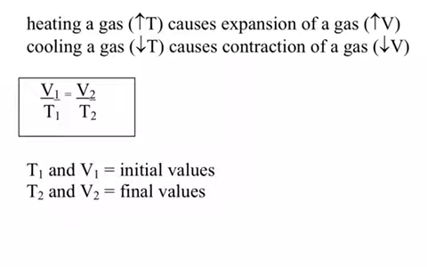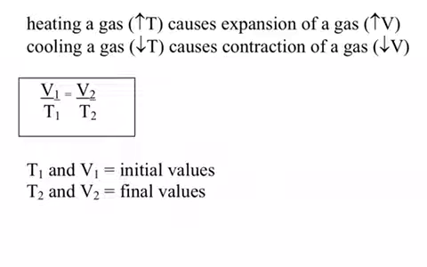Okay, if you look here, I wrote that heating a gas will cause expansion of a gas. The same can be applied to a balloon. If I were to put a balloon, let's say, in a refrigerator, it's actually going to cause the balloon to constrict, to contract. The volume will get smaller.